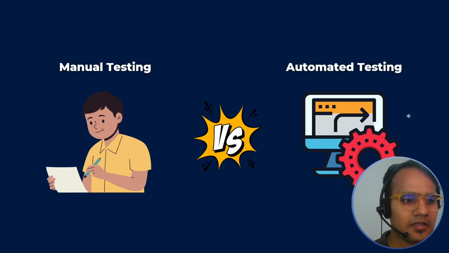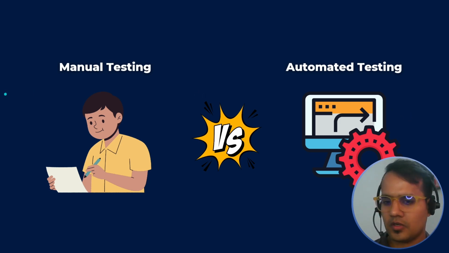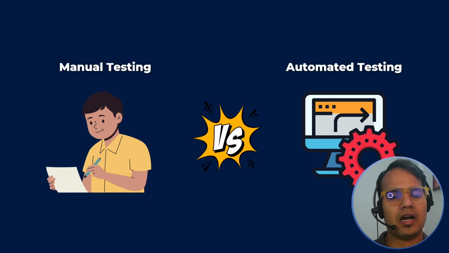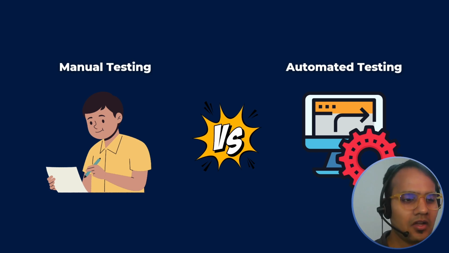So if we take one particular website, whatever we want to do, if we are doing it manually, like using our hands to click or to push data into the text box or something like that, then all of those things come under the manual testing part.